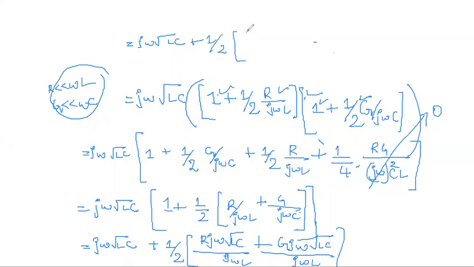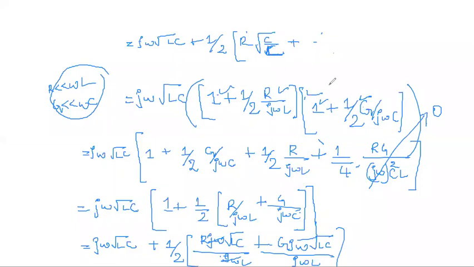So inside, the term you have is R. Here j omega will cancel. What will be the remaining term? Root LC by L is how much? Root C by root L. Because L can be written as root L into root L, one root L in the numerator and denominator will get cancelled.